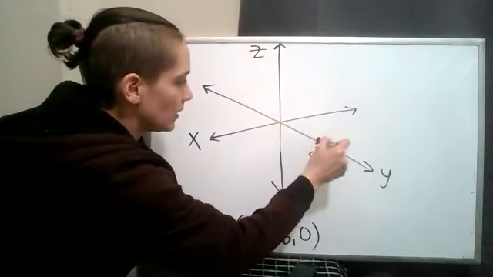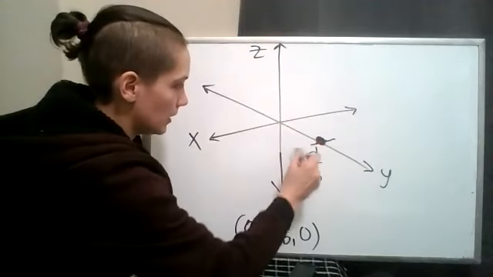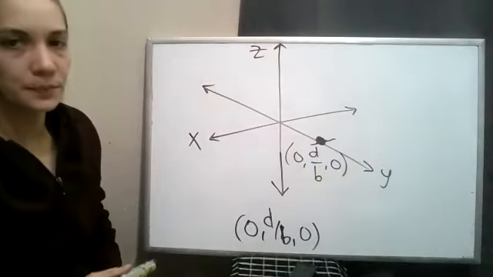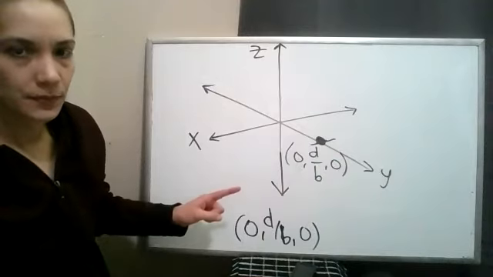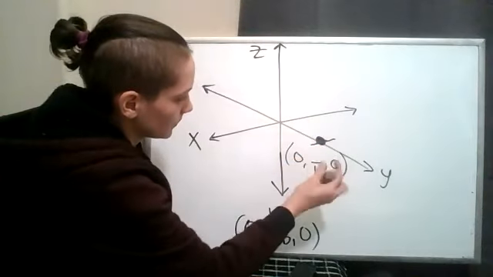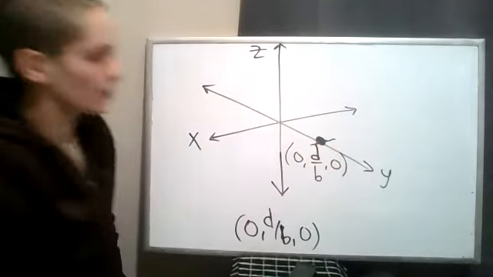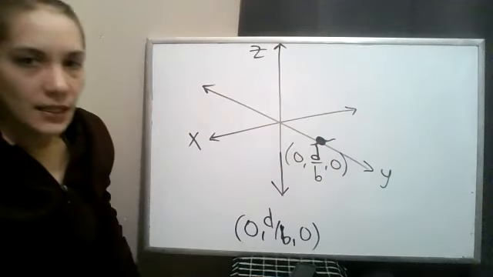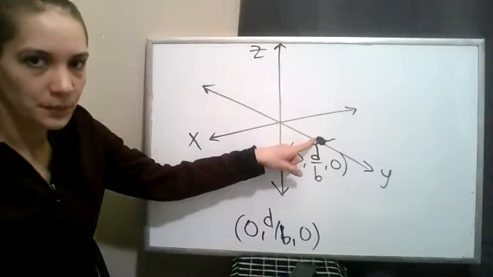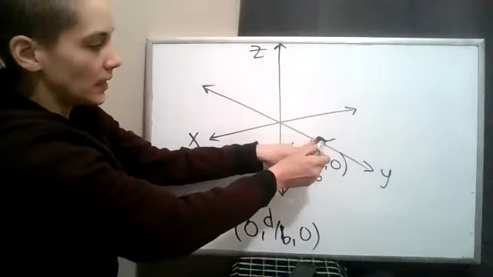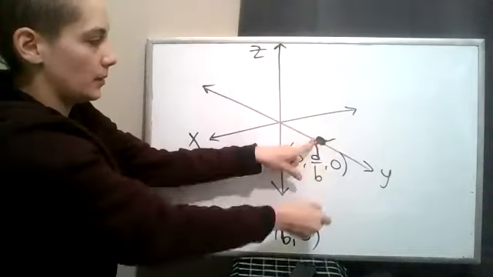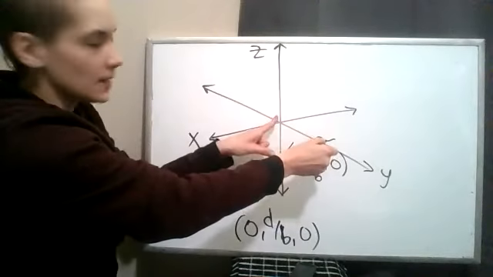So this point is 0. Let's go with the y-intercept, and from that point, z can be any number. So let's go up and down, parallel to the z-axis.